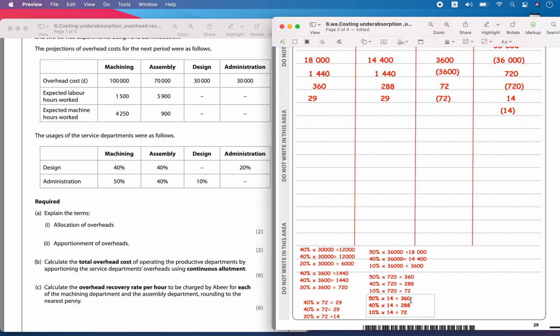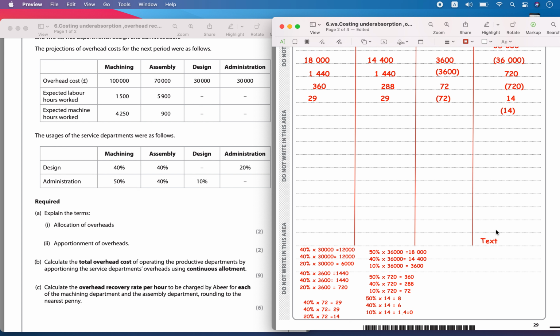So 50 percentage of 14 is going to be equal to 8, and 40 percentage of 14 is going to be equal to 6, and 10 percentage of 14 is going to be equal to 1.4, which is approximately equal to, you can reduce it to 0.